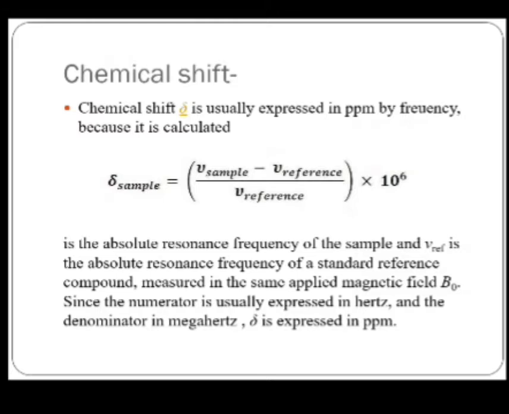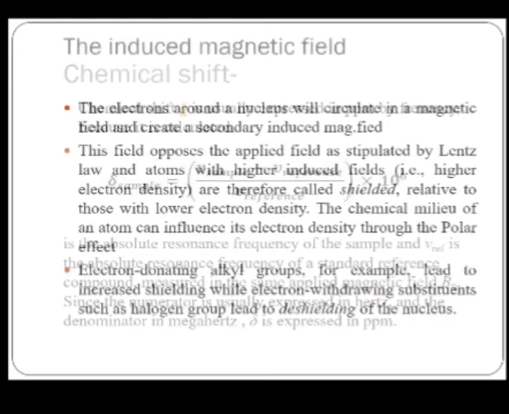Since the numerator is usually expressed in hertz and the denominator in megahertz, delta is expressed in parts per million. Okay, you should understand that chemical shift is denoted by delta.